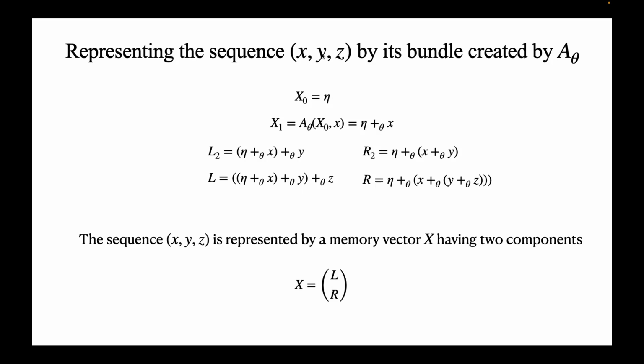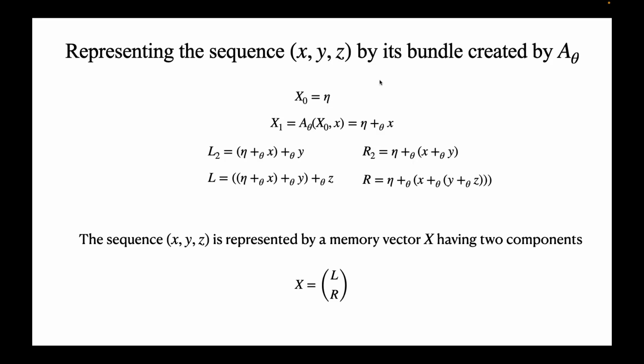So therefore, we have to distinguish between left associative and right associative. They are not the same. So therefore, we have a vector L2 and we have a vector R2 corresponding to right and left associative. The same is, of course, if we then apply the bundle to the third element, which is Z, giving you this L vector and this R vector.